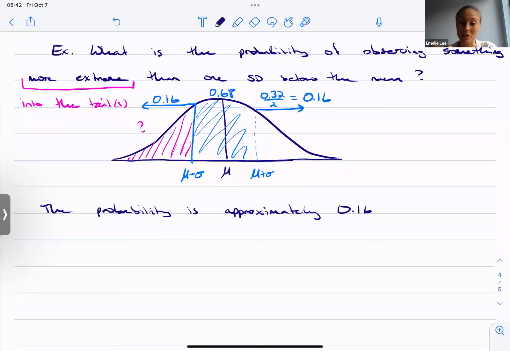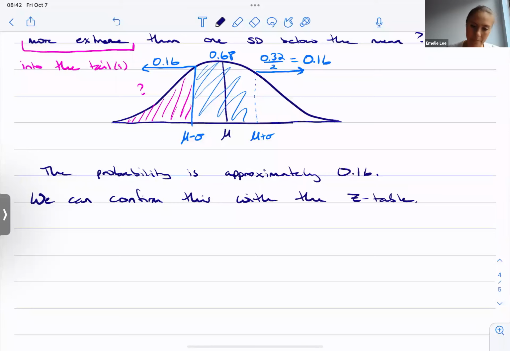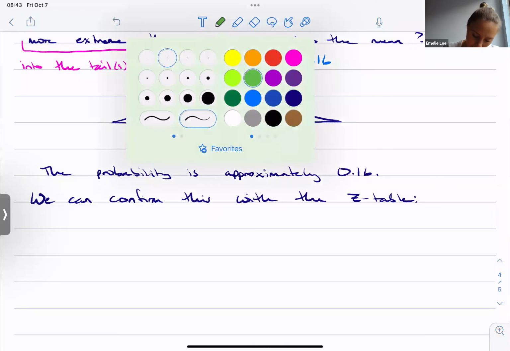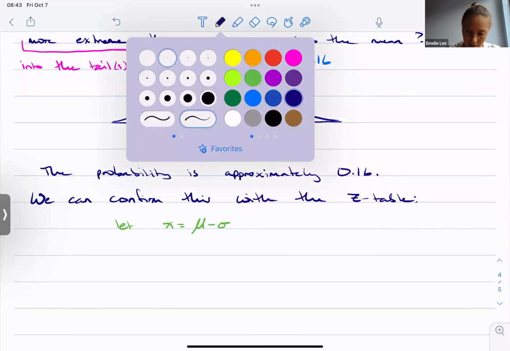Good. So now let's confirm this with the z-score. We can confirm this with the z table. Okay. So if my observation is mu minus sigma, that's kind of weird. So if we let x be mu minus sigma, math, right?